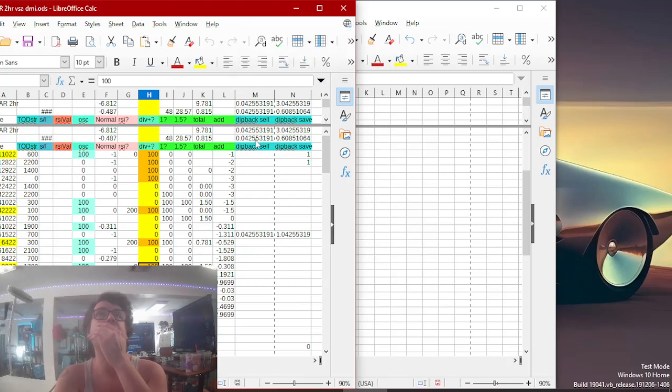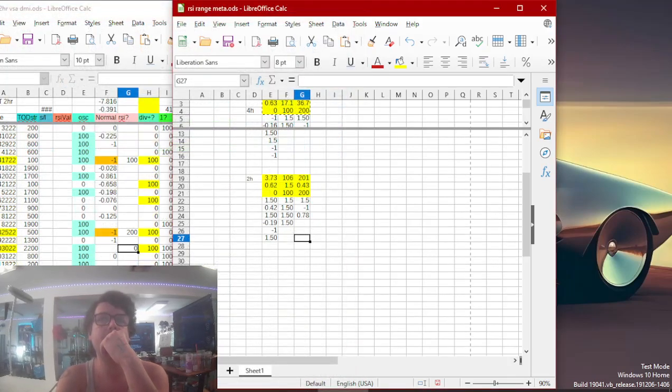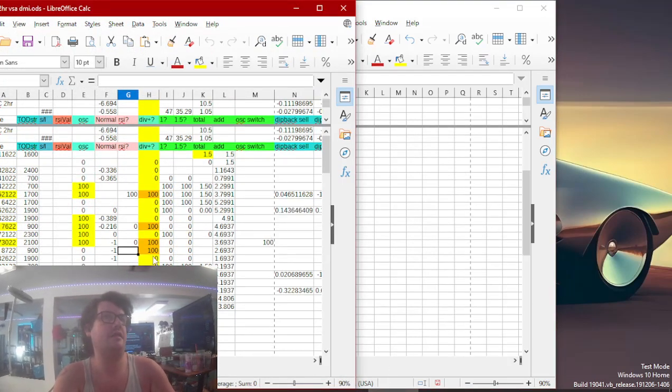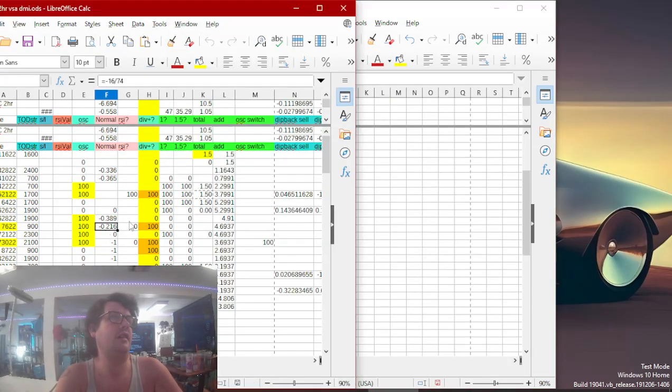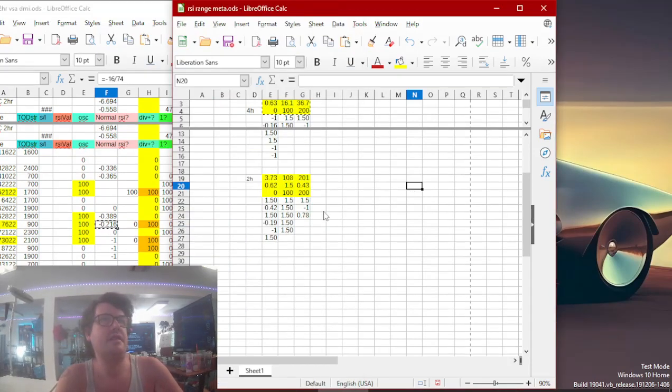Yep, didn't miss anything here. Yep, we got that. Not a ton of data without those other charts, but it's something. 100, another strike. 7-6, that's a 0.